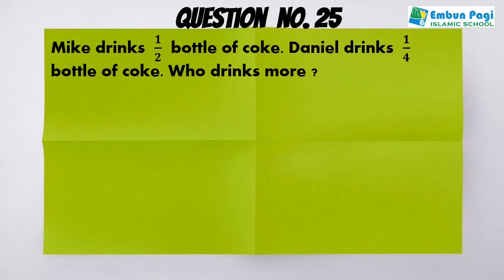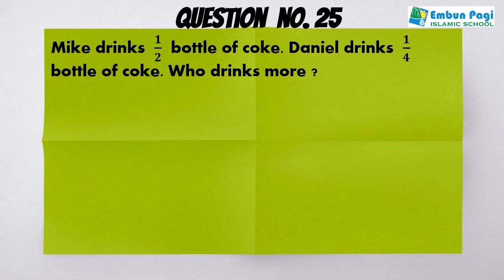Question number 25. Mike drinks 1/2 bottle of Coke and Daniel drinks 1/4 bottle of Coke. Who drinks more? From this question, we know that it's about comparing fractions. Remember the rules. If we have the same numerator but the denominator is different, we must compare the denominator.